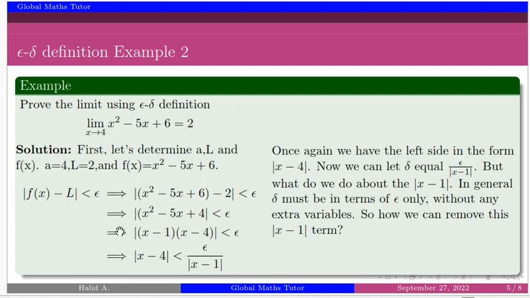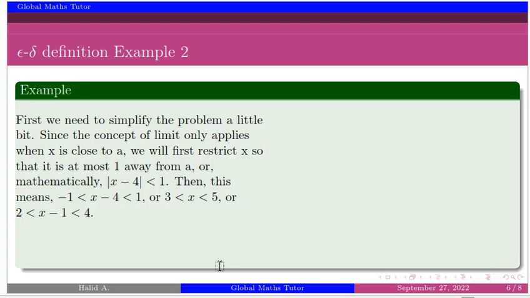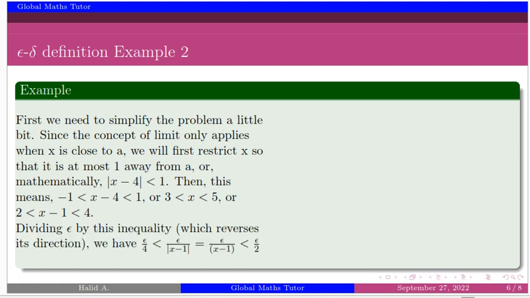So how could we express epsilon over |x minus 1| in terms of a number? Let's do epsilon over these expressions, and we get that the inequality will be reversed, and it will be epsilon over 4 less than epsilon over |x minus 1|, because x minus 1 is in the range of 2 and 4, we can write x minus 1 or the absolute value of x minus 1, they have the same meaning here, and it will be less than epsilon over 2.